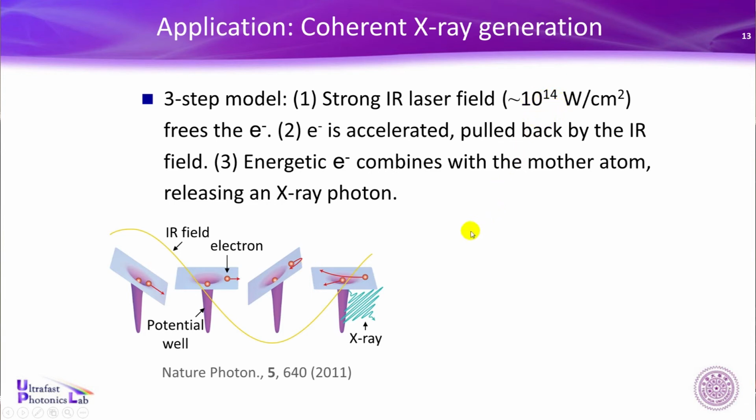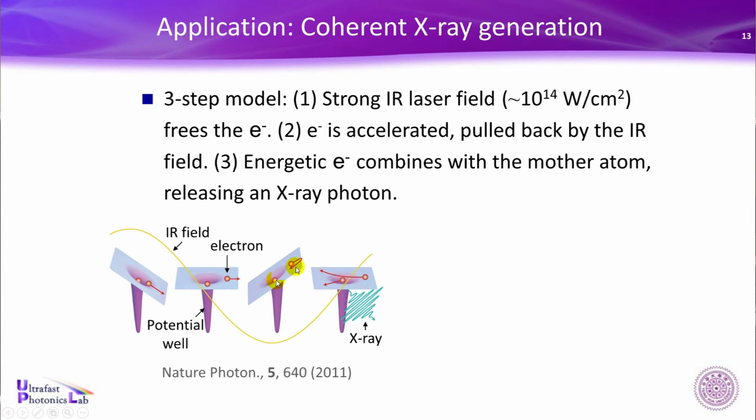Okay, so step 1, infrared frees the electron. Step 2, the electron is accelerated and pulled back. And step 3, the energetic electron combines with the mother atom. Then the kinetic energy is released as an X-ray photon.